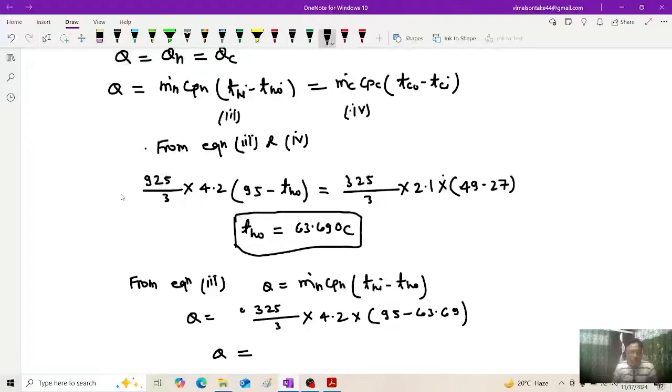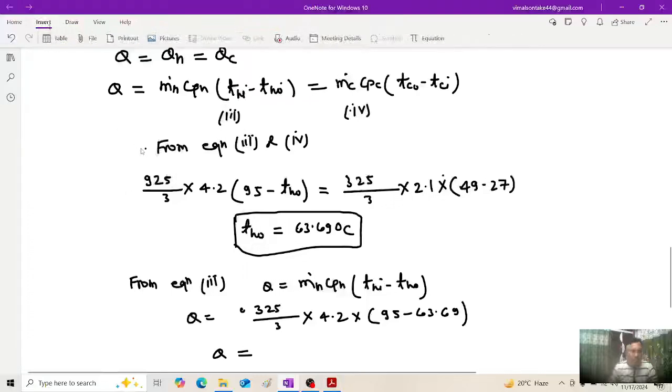The mass flow rate of the hot fluid is this.